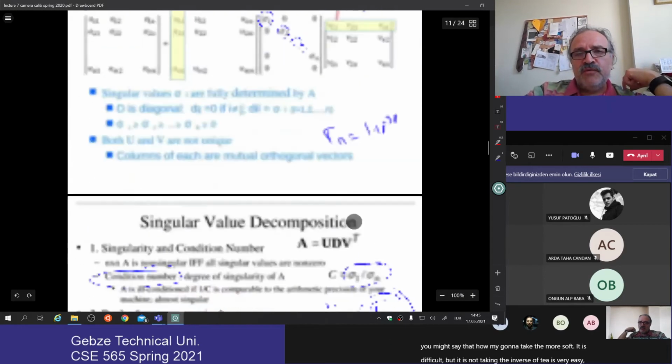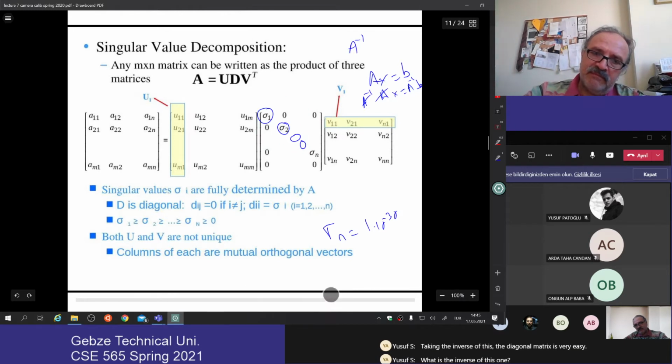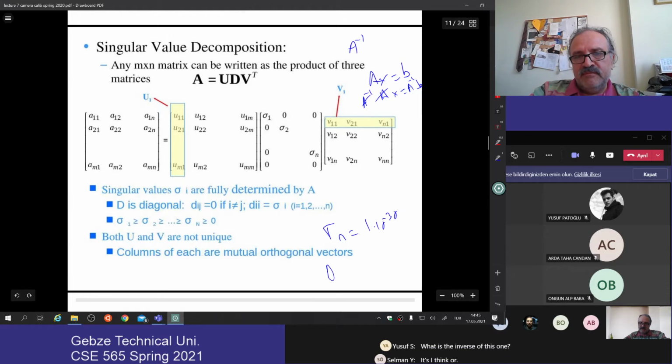Taking the inverse of a diagonal matrix is very easy. What is the inverse of this one? It's not orthogonal, but D to the minus 1 is going to be all zeros everywhere other than the diagonal, and in the diagonal it's going to be 1 over sigma 1, 1 over sigma 2, etc., and 1 over sigma n.